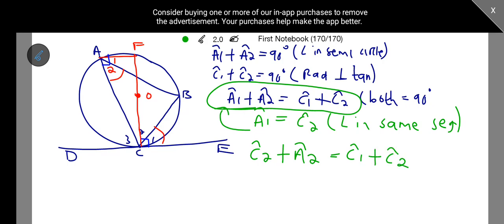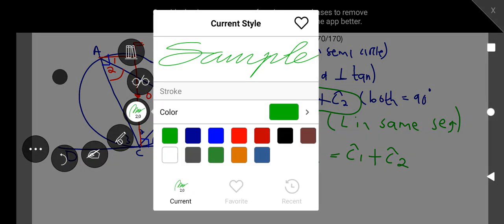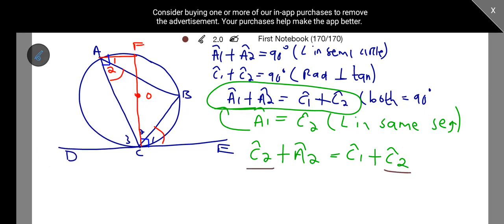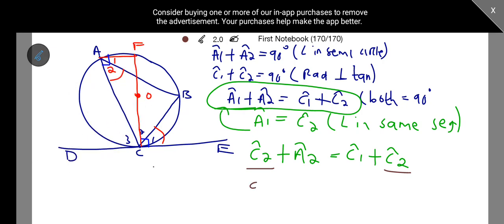I've got like terms, right? If you can observe here, you will see that I've got like terms, and these are C2 and C2. So I'm going to move the like terms to the left side. I'm going to say that C2 minus C2 plus A2 equals C1.